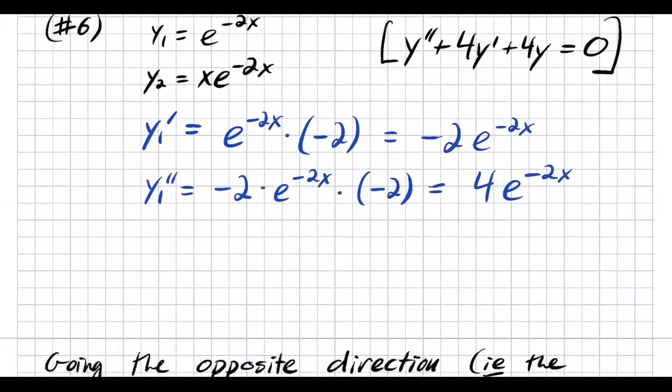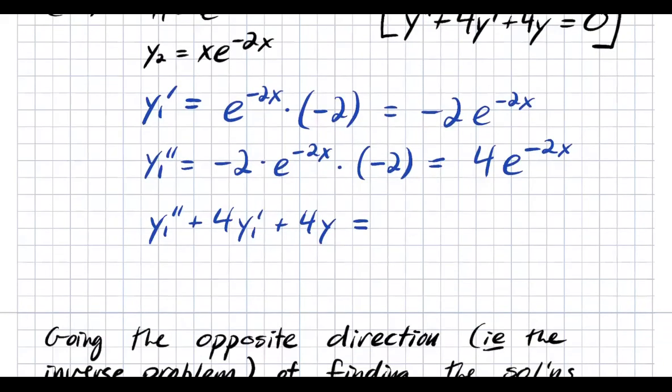Okay, so there we have all the derivatives we need. Now let's check. We have y1 double prime plus 4y1 prime plus 4y1.